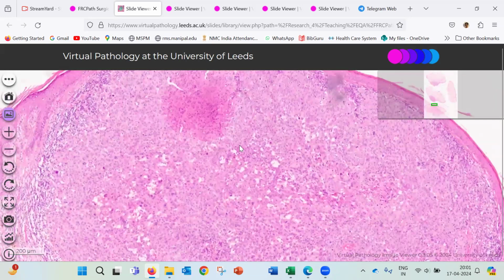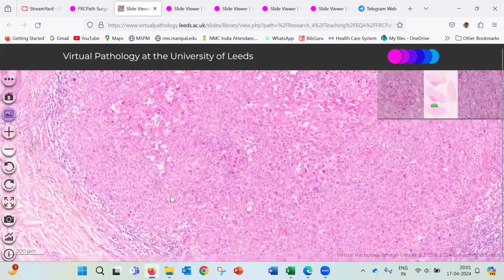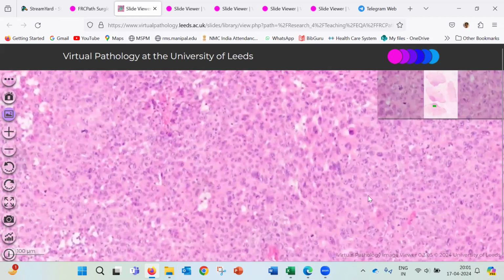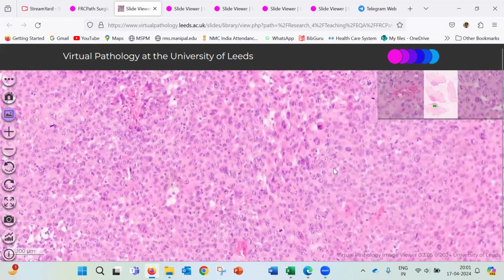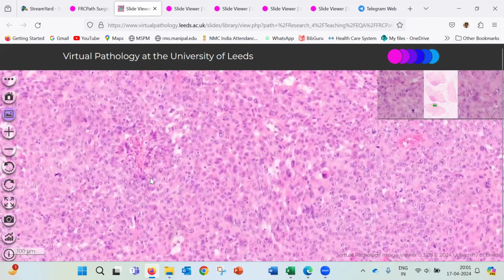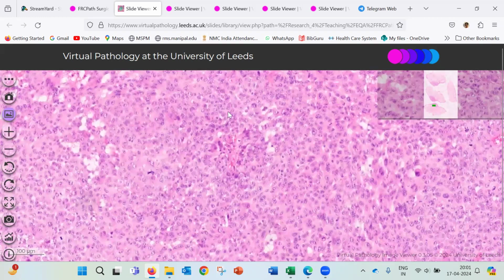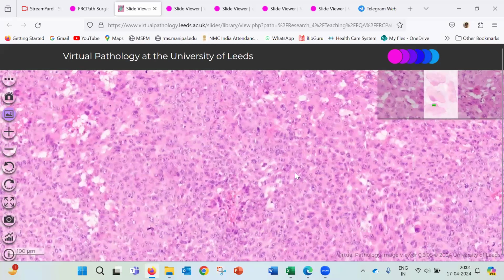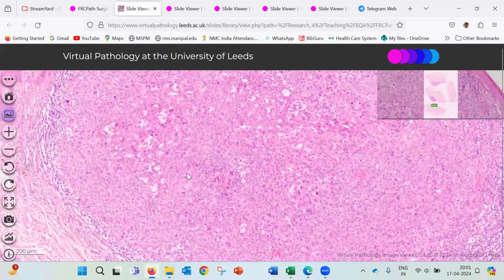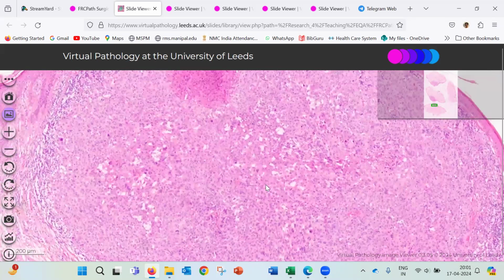The tumor is disposed in diffuse sheets, and they show quite a degree of nuclear pleomorphism. There is conspicuous mitosis and nuclear pleomorphism, and there are prominent nucleoli. So this is a poorly differentiated neoplasm. You can suggest a differential of melanoma, particularly for this case, because you don't see any squamous or adeno component in it.